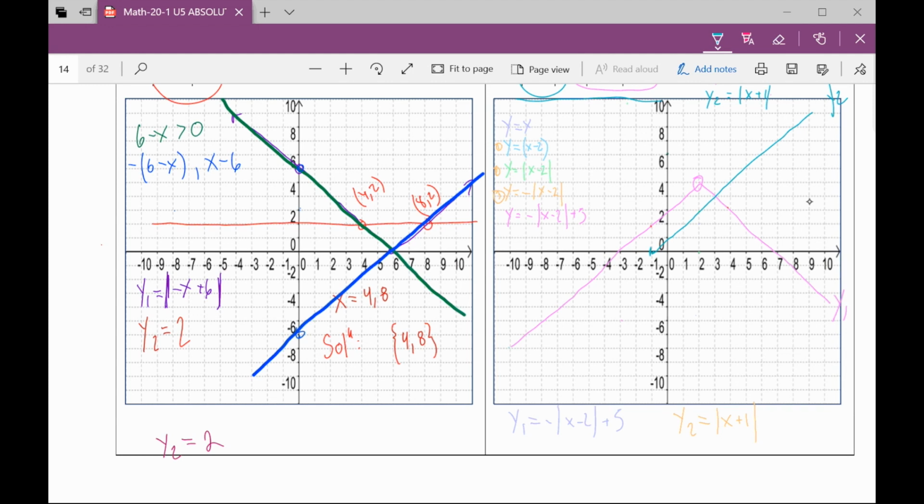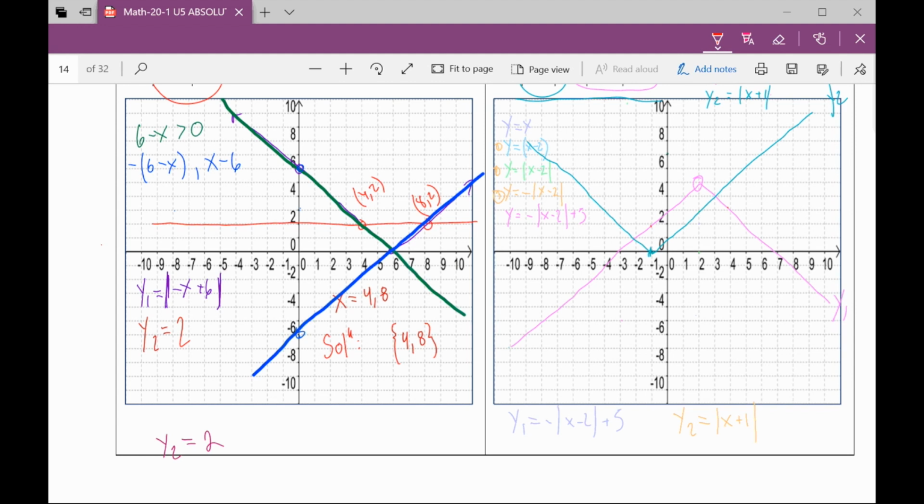It's going to be the x-intercept, one of those most important invariant points of any absolute function graph. And instead of a positive slope of 1, it's now going to have a negative slope of 1. And instead of a y-intercept of positive 1, it's going to have a y-intercept of -1. So it's going to look like this. And so there's the piecewise function of y2 with x equals -1 being the turning point.